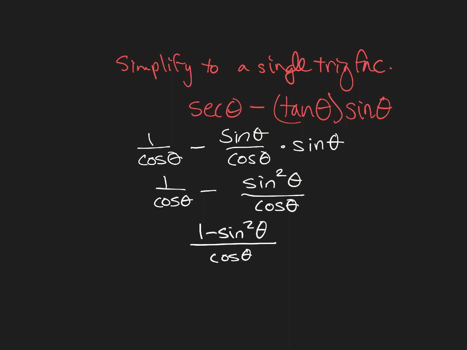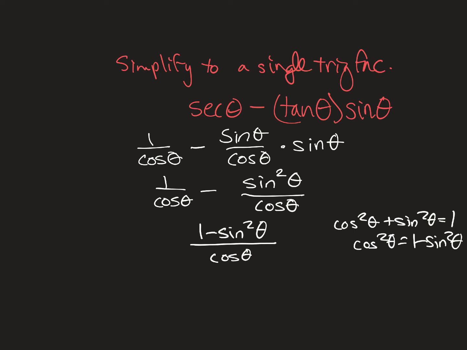So whenever you see a trig function squared, I want you to think Pythagorean identity. And I know that the Pythagorean identity involving sine is cosine squared theta plus sine squared theta equals 1. So if I have 1 minus sine squared theta, and let's think about just rewriting this identity, well, cosine squared theta is 1 minus sine squared theta, according to this identity.